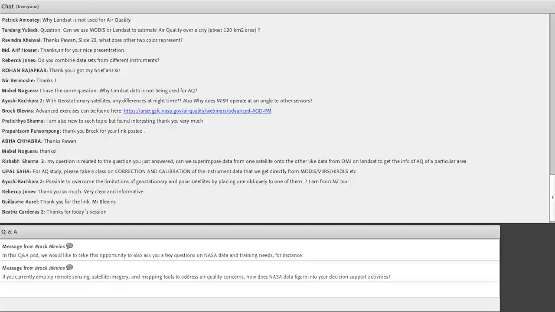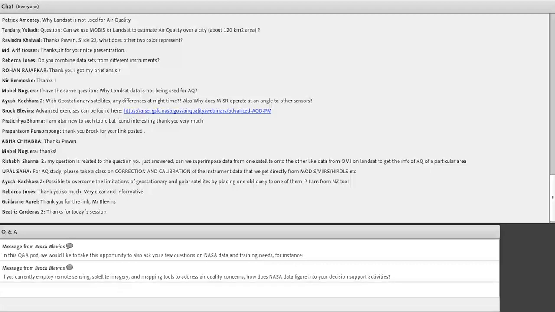And again, there is this question about how we can basically superimpose data from different satellites to get different pieces of information. If you are used to satellite data, then it's really easy to superimpose the data. You have to make sure the time and the spatial coverage match what you're trying to do from different sensors.